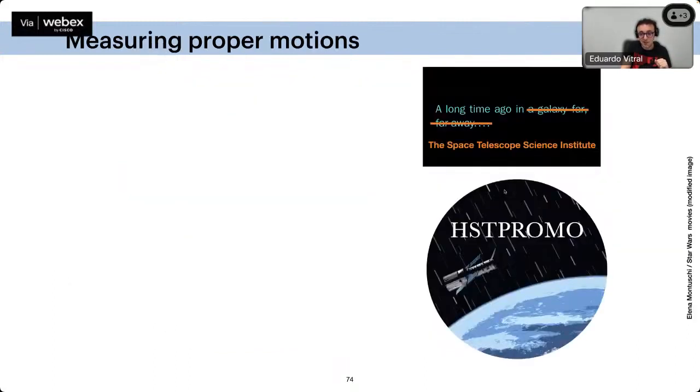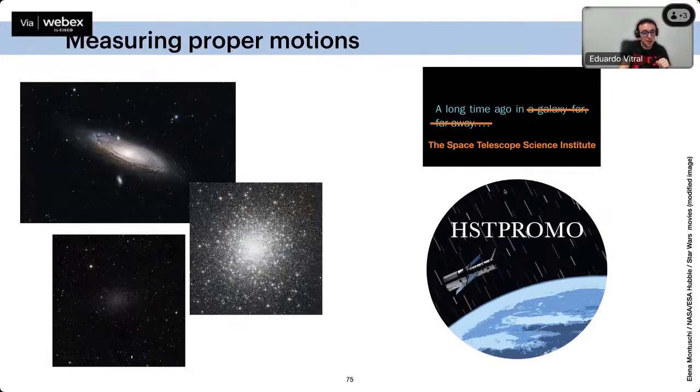So a long time ago, kidding, it was just about 20 years ago, here at the Space Telescope Science Institute, a group of dynamicists that were wanting to understand better the motions of stars decided to propose different observations for Hubble to measure these motions in the plane of sky. And this collaboration is called the HST-PROMO collaboration.